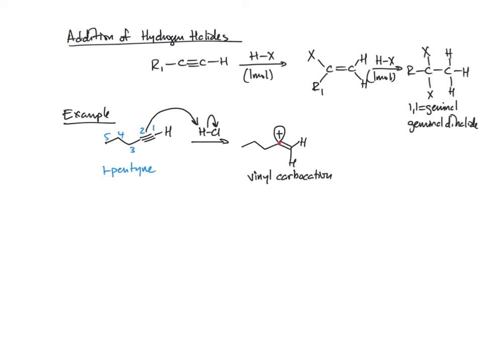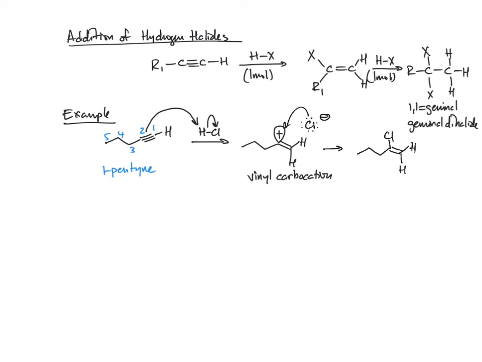The plus charge is actually residing in an sp2 hybridized orbital, not the p orbital, because that's taken up by the pi bond. The conjugate base, Cl minus, then traps that.